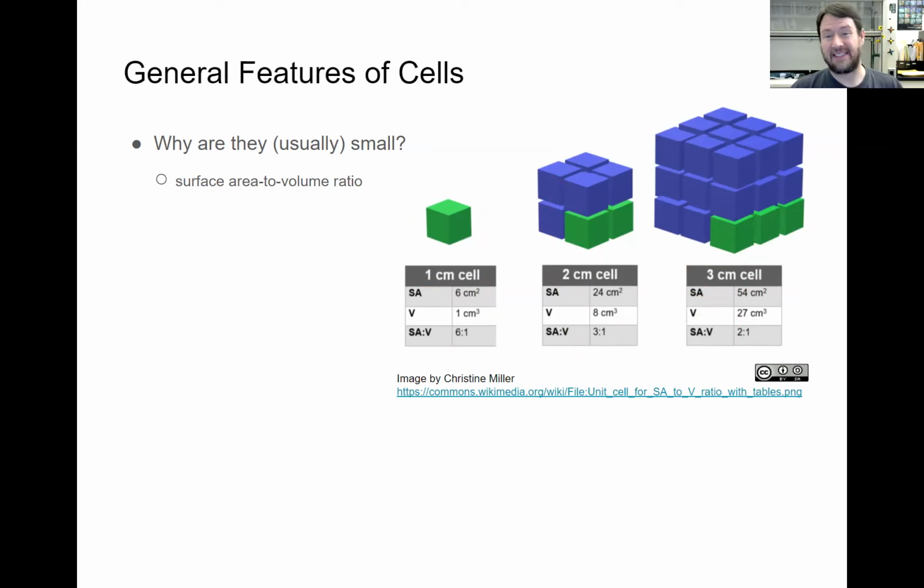And what this means is materials have a really hard time getting in and out of the cell quickly enough for the cell to stay alive. So some of the exceptions that we saw on that last slide, like those eggs, those are mostly storage. And then as they divide, it's a very unequal division. So just one tiny part of it becomes the new cells that are going to be metabolizing and growing.